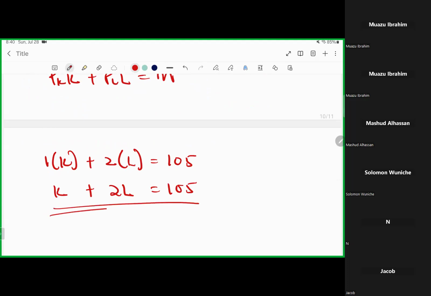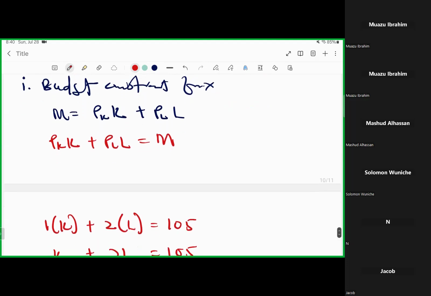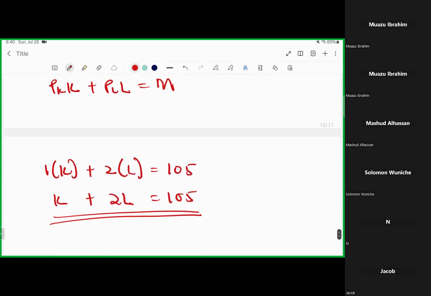So this is the budget constraint function. But in that exam, you don't need to waste your time to do this. You will not even have time. So if you know the budget constraint function, you can just go ahead and write it, and you will get 1 mark.